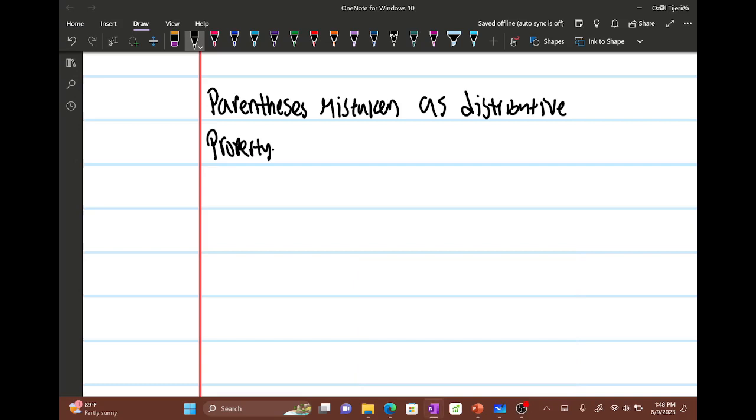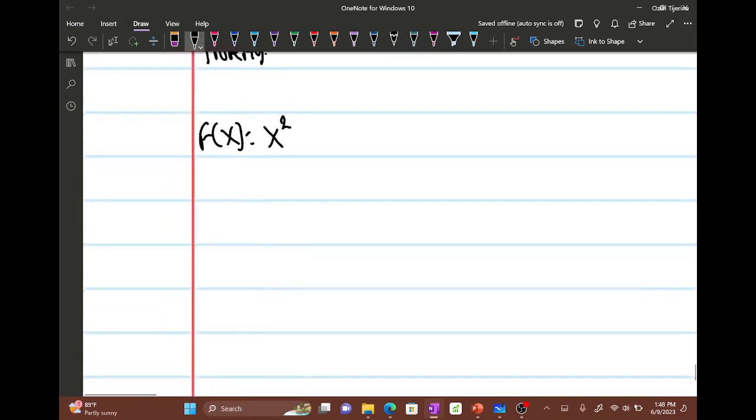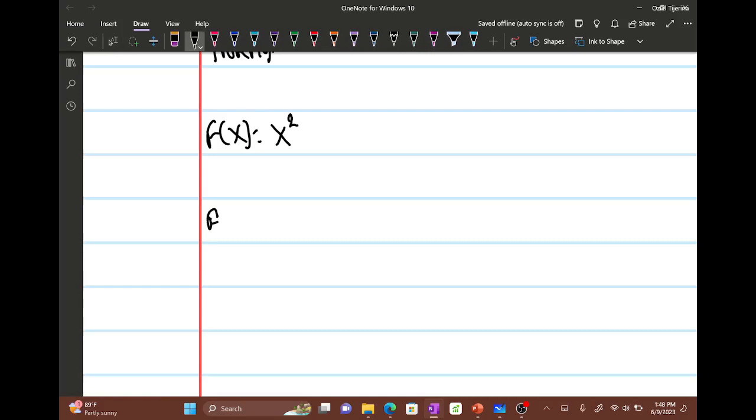It's basically the idea that if I have a function f of x equals x squared, let's say, and I ask the student to evaluate the following, I say f of x, or let's do f of a plus h, right?